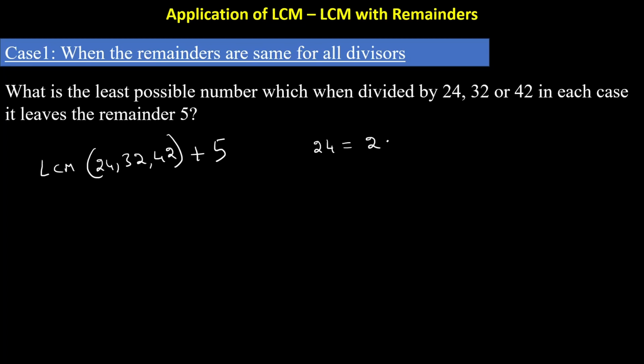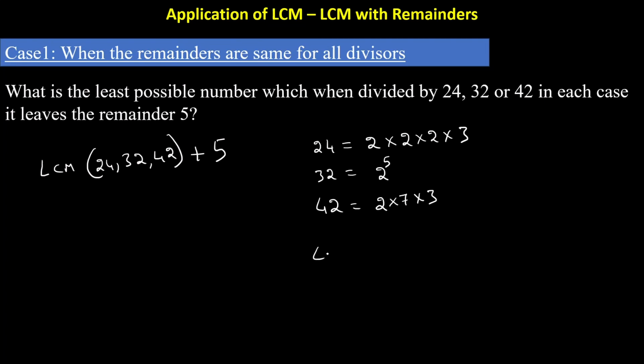24 can be written as 2 into 2 into 2 into 3. 32 can be written as 2 cube is 8, 2 square is 4, so 2 power 5. And 42 can be written as 2 into 7 into 3.